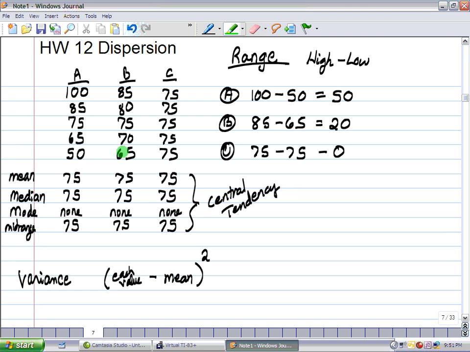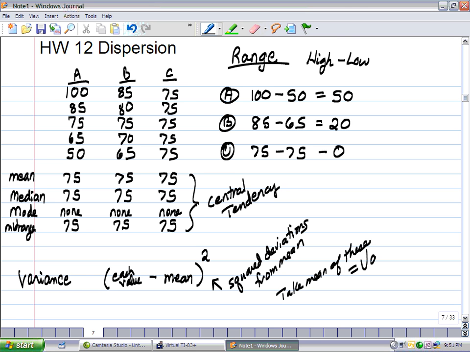For example, here 65 minus the mean, which for all these is 75, 65 minus 75 is negative. We're going to take the mean of these squared deviations from the mean, and that's going to equal our variance.